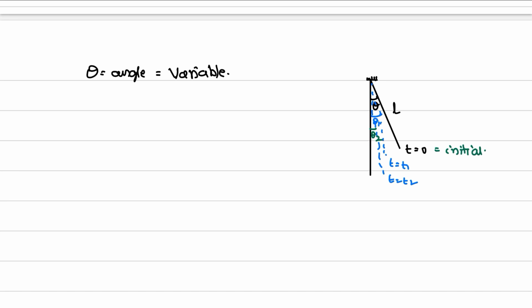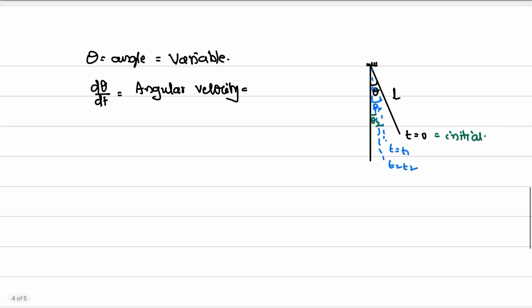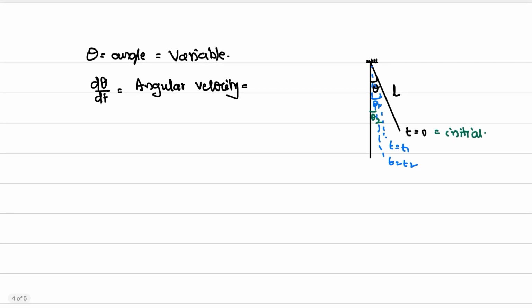Here, d theta by dt is equal to my angular velocity, which I have explained in initial classes of rigid body motion or rotational motion, that is omega. D square theta by dt square is equal to alpha, that is angular acceleration.